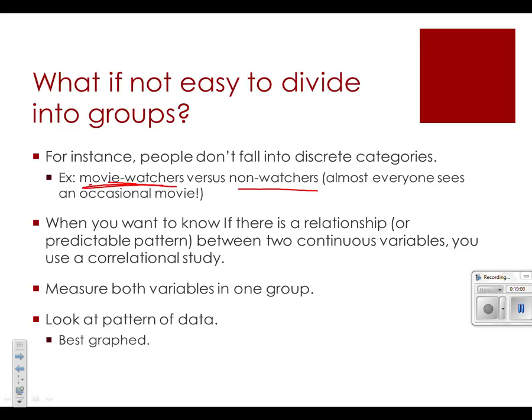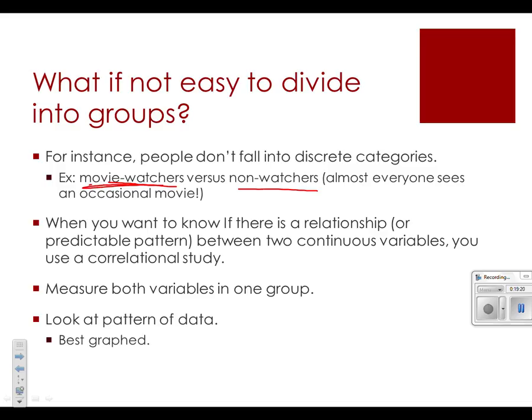Almost everybody sees a movie on TV or Netflix or in a class or something, even if they don't regularly go out to the movie theater. So dividing just movie watchers and non-movie watchers may be difficult because you may find very few in one group.